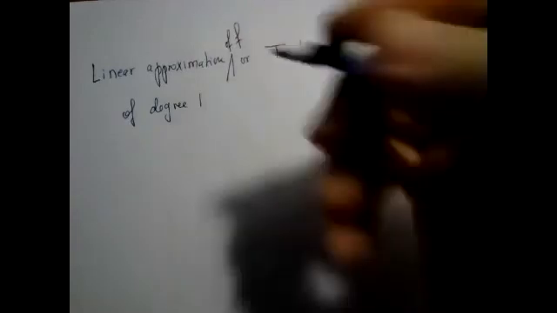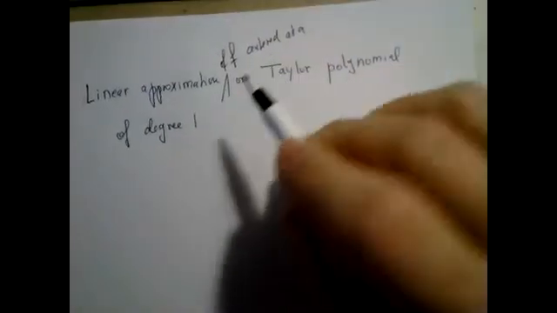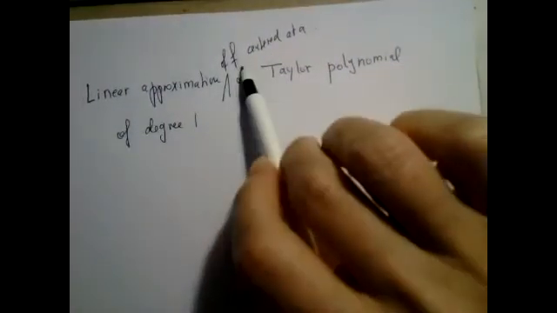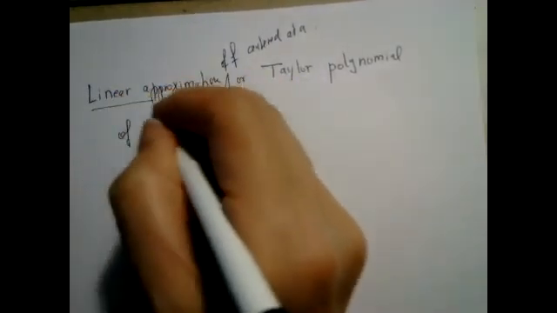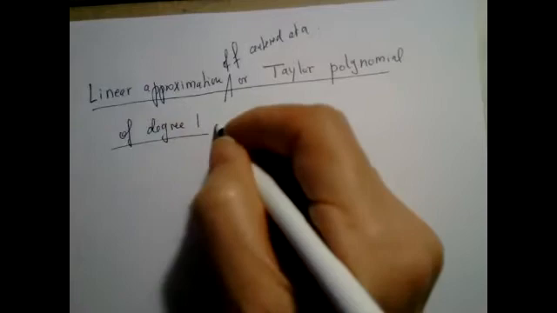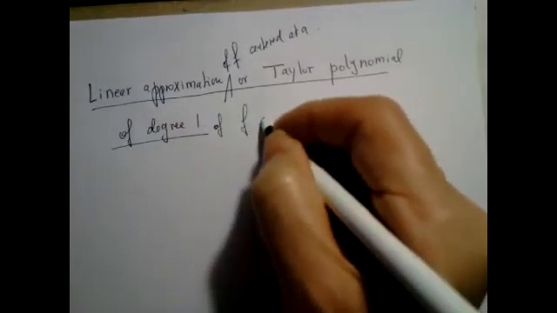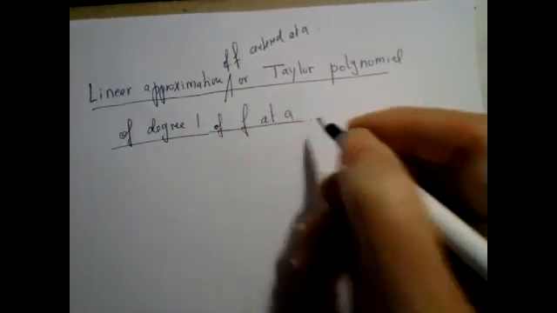So, linear approximation of a function f centered at A, or Taylor polynomial of degree 1 of f at the point A.